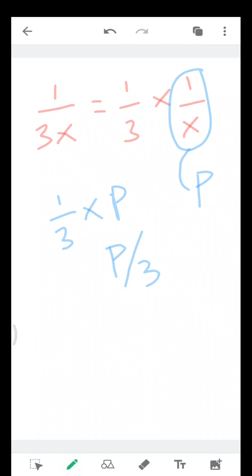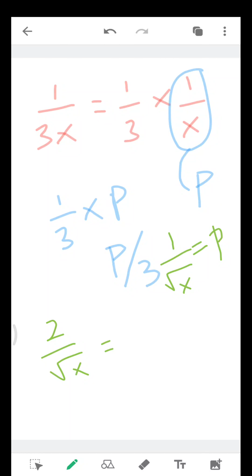This is the rough column. So 2 by root x if you have, and 1 by root x you have taken as, suppose 1 by root x you take it as p. So 2 by root x becomes what? 2 into 1 by root x, isn't it?